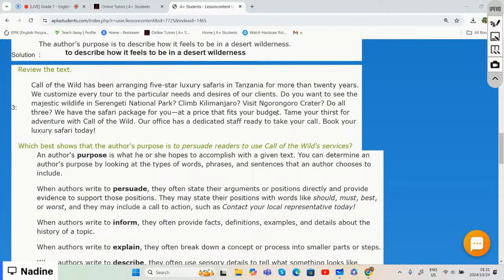Climb Kilimanjaro? Visit Ngorongoro Crater? Do all three? We have the safari package for you at a price that fits your budget. Tame your thirst for adventure with Call of the Wild. Our office has a dedicated staff ready to take your call. Book your luxury safari today.